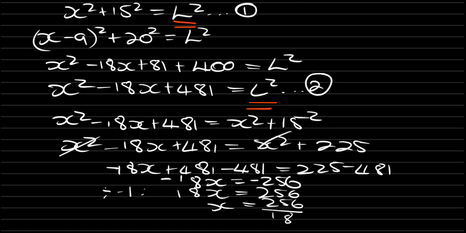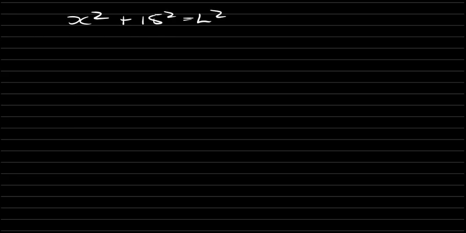Okay, so then we have 256 over 18, that is squared. Let me just rewrite these quickly. Let's start here and say x squared plus 15 squared equals L squared, and x we know equals 256 over 18.